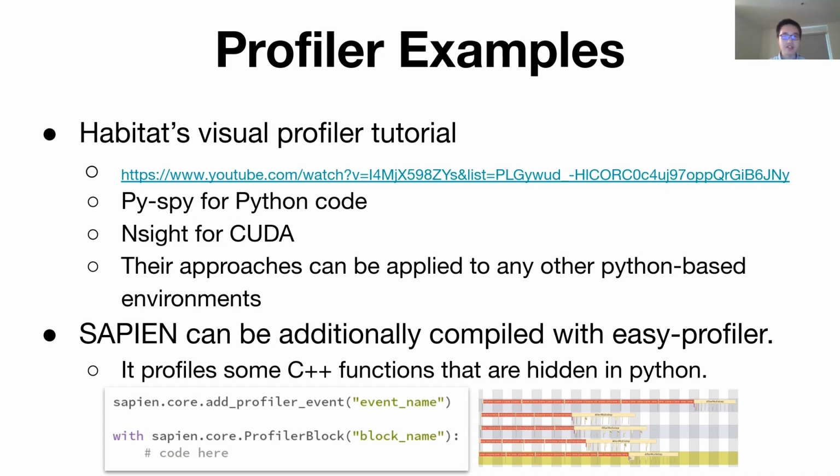And the great thing about this tutorial is that their approaches can be applied to any other Python-based environments. As for SAPIEN, we provide the option to compile SAPIEN with Easy Profiler, which would provide some profiling results for C++ functions that are normally hidden from the Python side of SAPIEN.